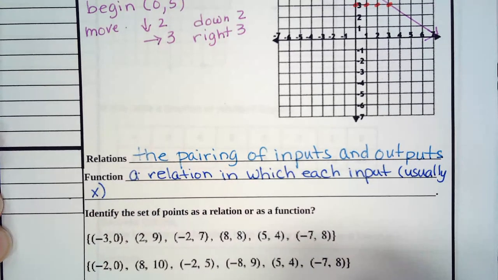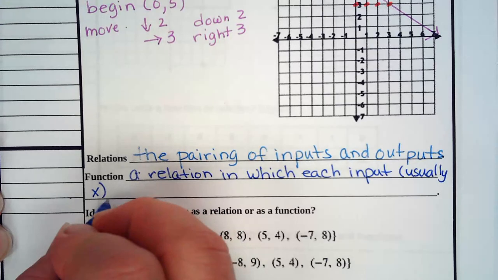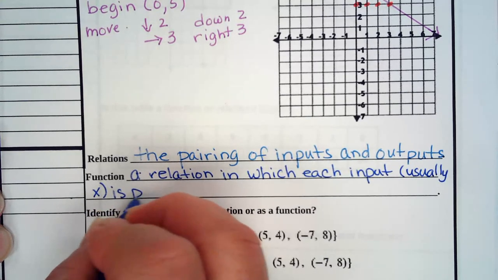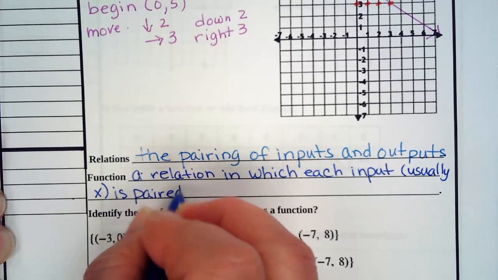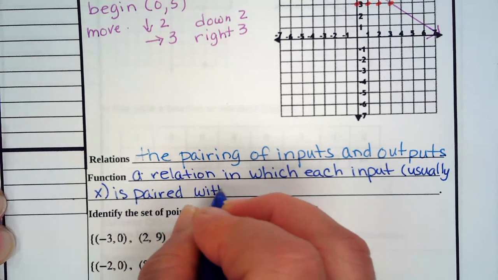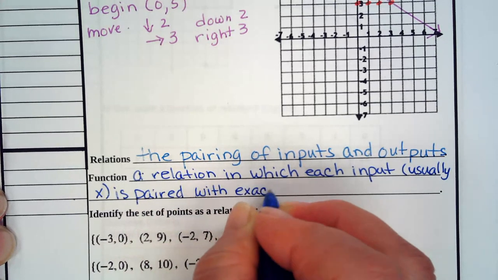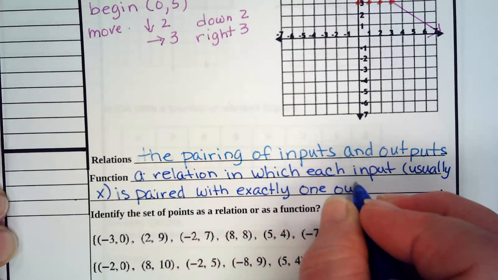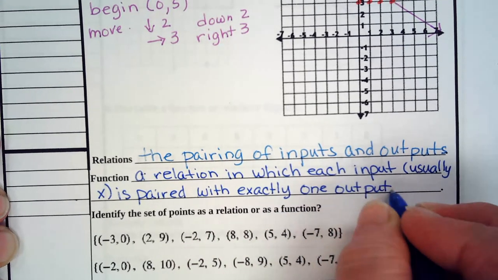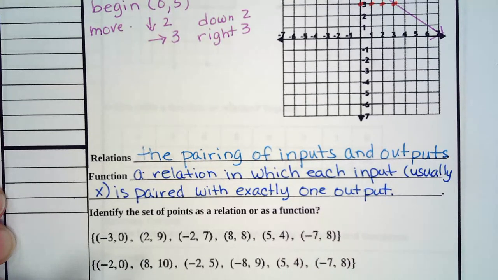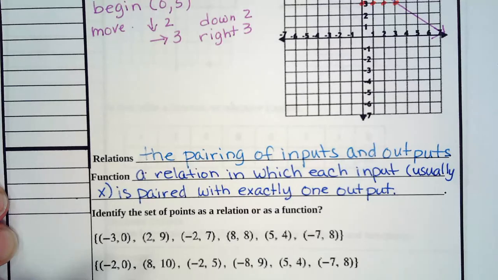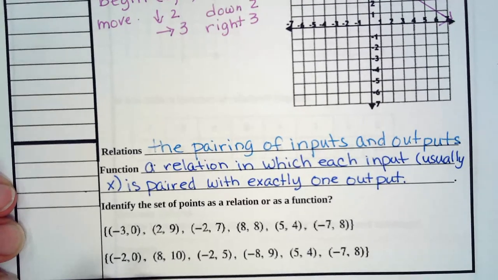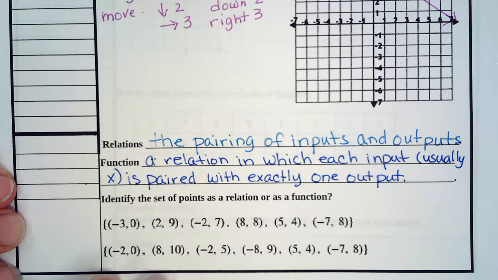So your input is paired with exactly one output. Now your output, we have been calling it y, but now we're going to call it f of x, g of x, something with x. So we're going to identify the set of points as a relation or a function. Remember, we focus on the x values.